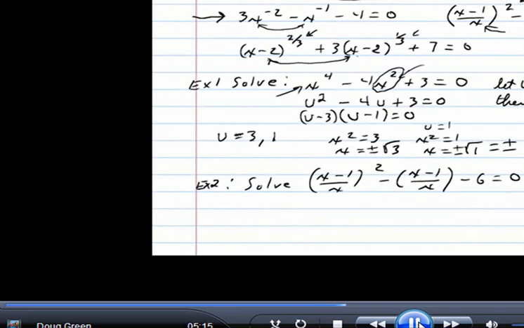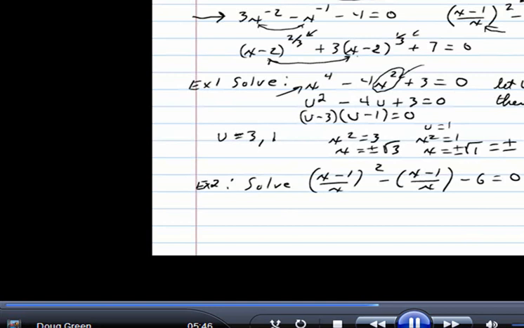Now, because we are playing with those exponents, we do have to check and make sure that our numbers work. Go ahead and check in positive 1, negative 1, positive square root of 3, and negative square root of 3, and verify that they work. By the way, if you want to do something like square root of 3 to the 4th, just do square root of 3 squared times square root of 3 squared, and you get 3 times 3, which is 9.